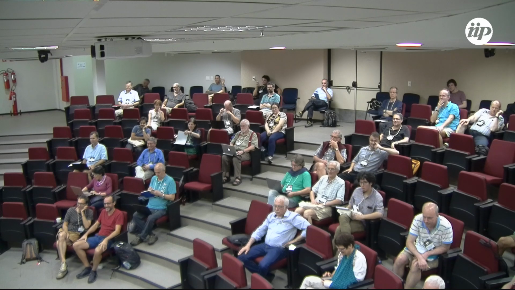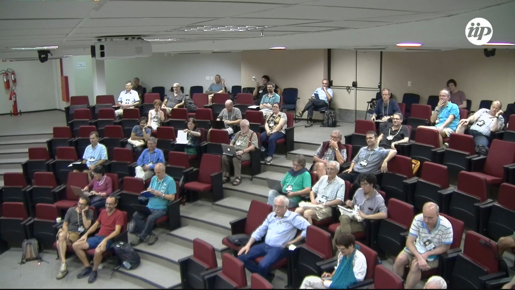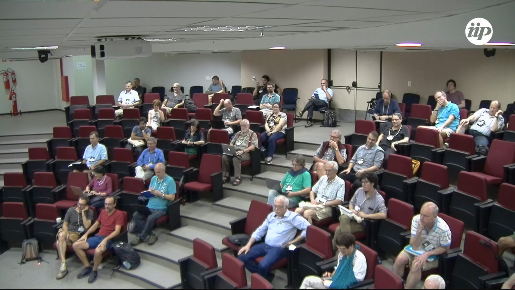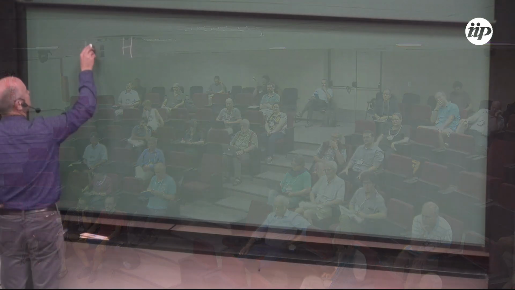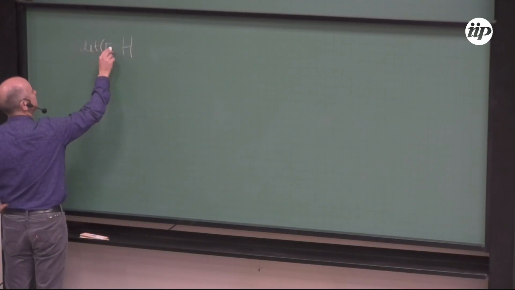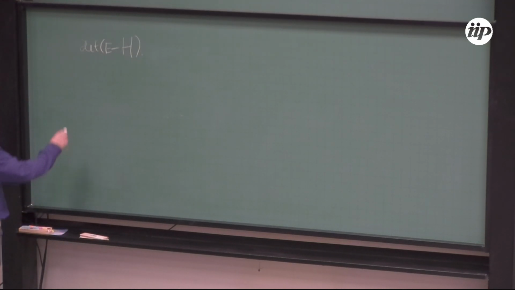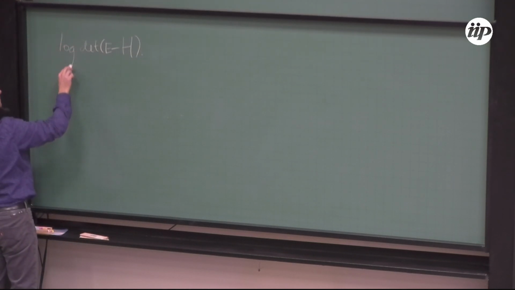So we're going to start with a quantum Hamiltonian, which we'll imagine has a chaotic classical limit. And the trace formula, as you'll know, concerns the determinant of E minus H, and in particular the log of that.